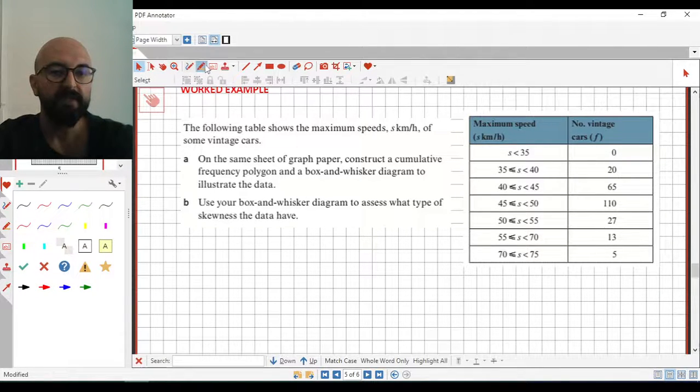Okay, we can start. The following table shows the maximum speeds of some vintage cars. On the same sheet of graph paper, construct a cumulative frequency polygon and a box and whisker diagram to illustrate the data.